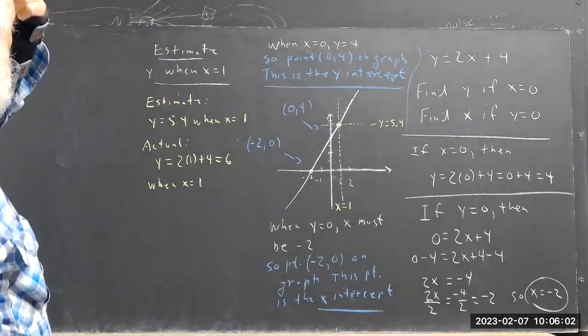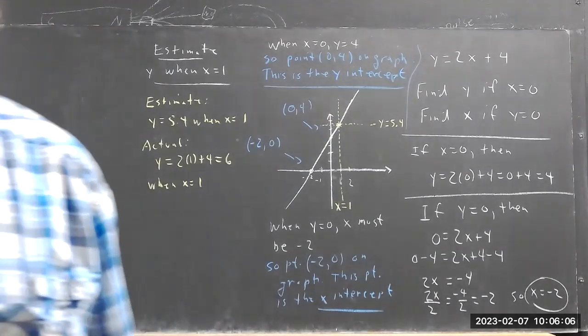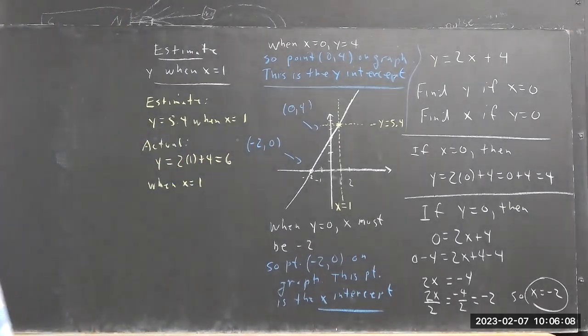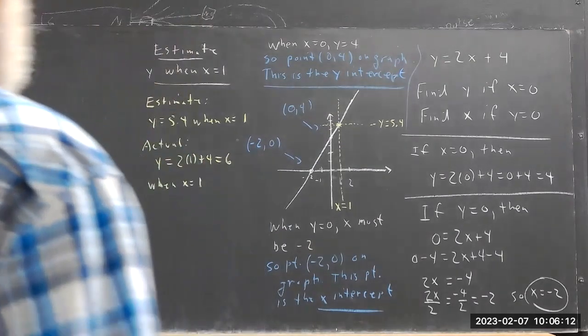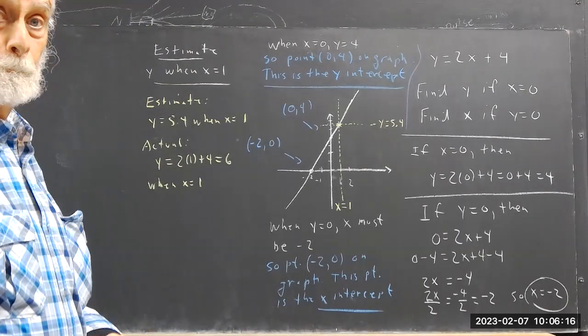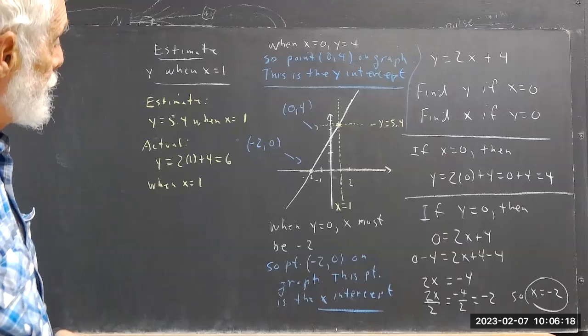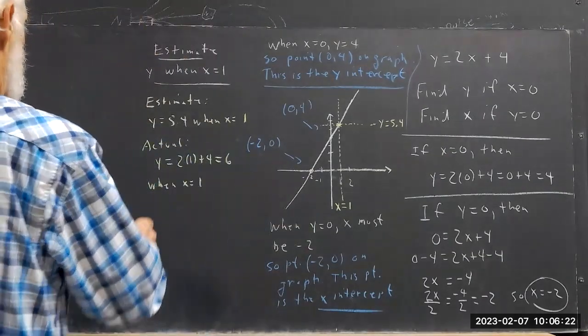Another thing, what's the slope of this line? How are we going to get the slope? Well, slope is rise divided by run. Let's take the point -2, 0.